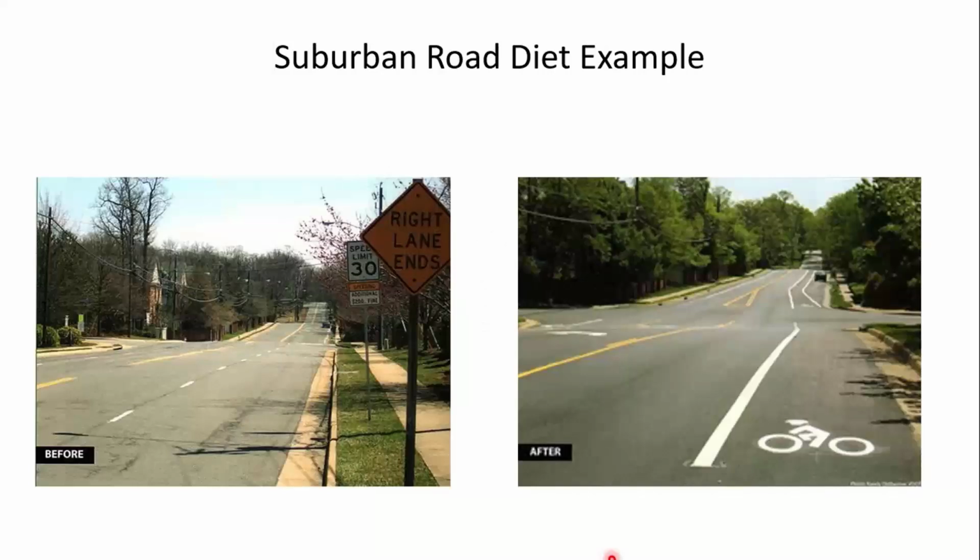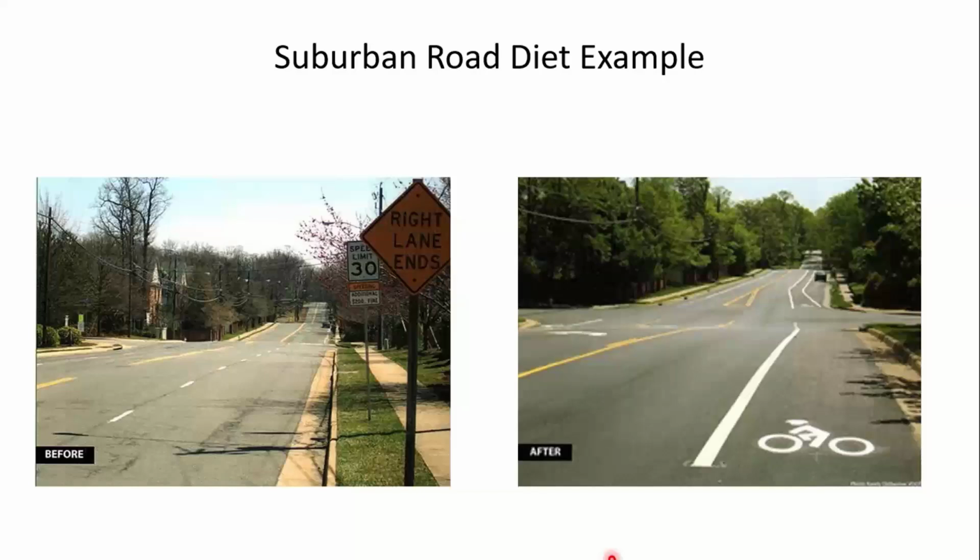Here's an example. I believe this is in Maryland, a suburban road diet example. You can see the before situation is on the left. Notice, it looks like 4 lanes, 2 in each direction with a double yellow center line in the middle of the roadway. And then afterwards, and this shows the transition section as well, notice it's 1 lane in each direction.